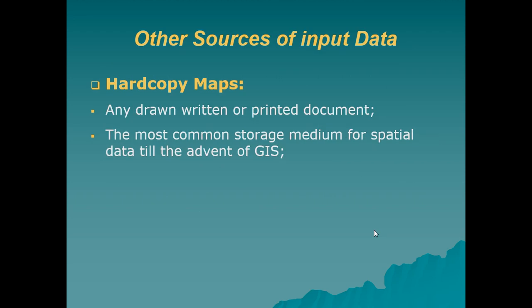So in conclusion, we just wrap up with a reminder of some of our other sources of data input into our GIS. We just looked at remote sensing in some amount of detail.